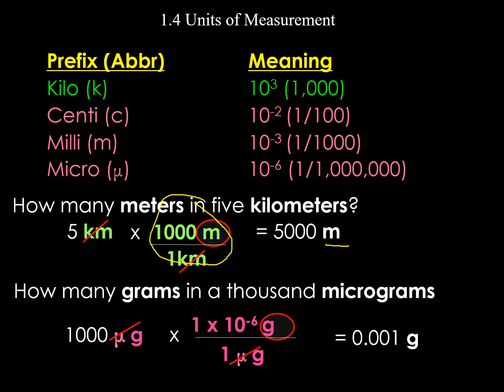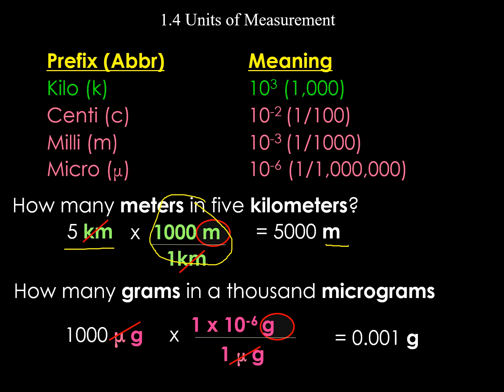If you were to write 1 kilometer over 1,000 meters, the units would not cancel out. Notice that the 5 kilometers will cancel out with the 1 kilometer on the bottom. Therefore, all you're left with is, as I circled in red, meters, to give you 5,000 meters.